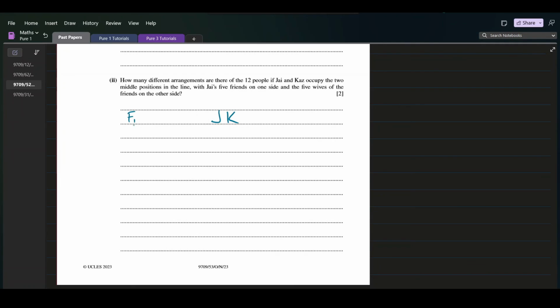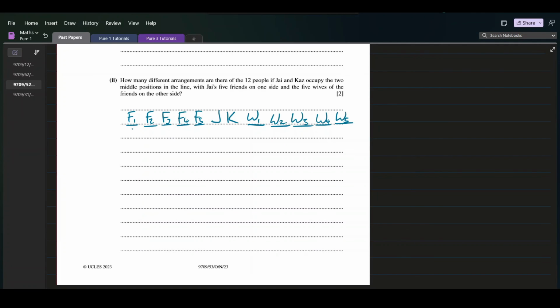So let's do friend 1, friend 2, friend 3, friend 4, friend 5. And then their wives on the other side. So that's wife 1, wife 2, wife 3, wife 4, and finally wife 5.